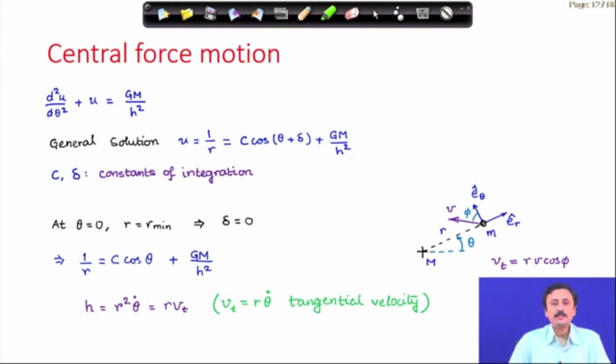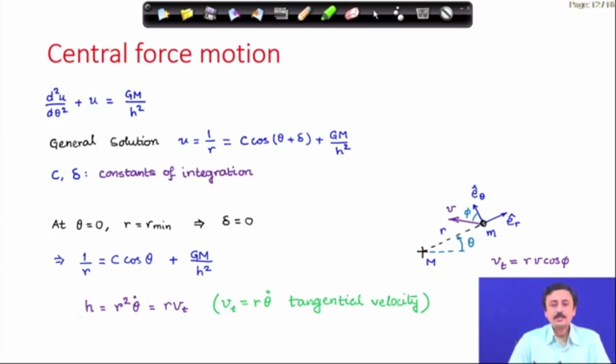Recall that we had studied this differential equation given at the top, which represents the motion of a particle in a central force field with a transformation that u is 1 over r, the radial coordinate, and the solution that we had is C cosine(theta plus delta) plus GM by h square.